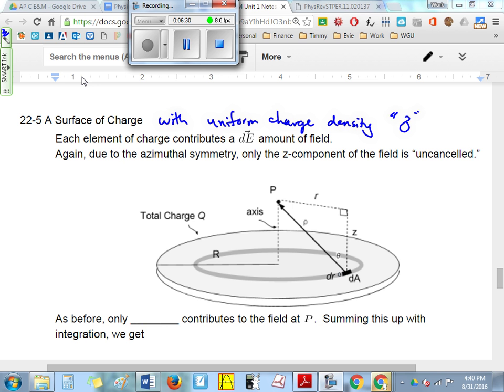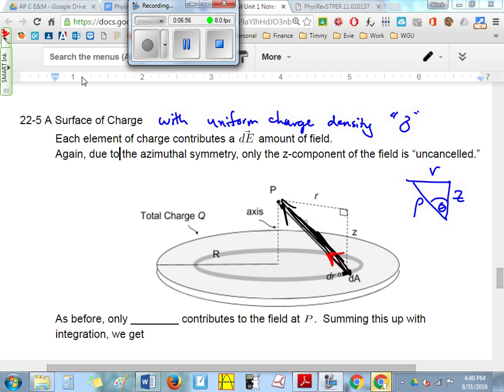Well, looking at this triangle right here, that's just a spatial geometric triangle, right? And I'm going to draw it over here. When you draw the field vectors pointing at point P, we don't know if those are shorter than the black vector here or longer.